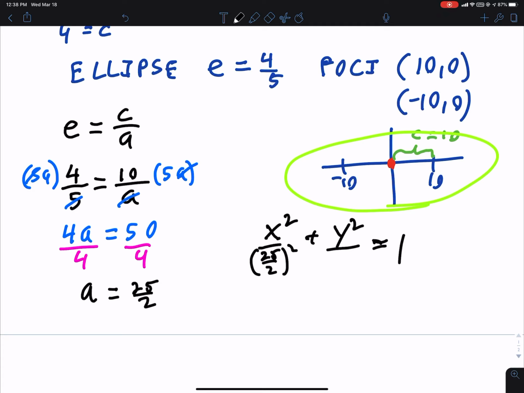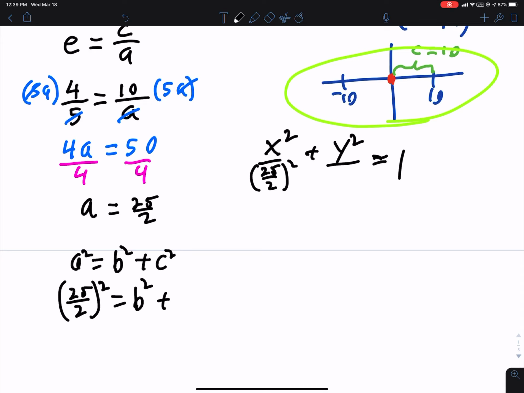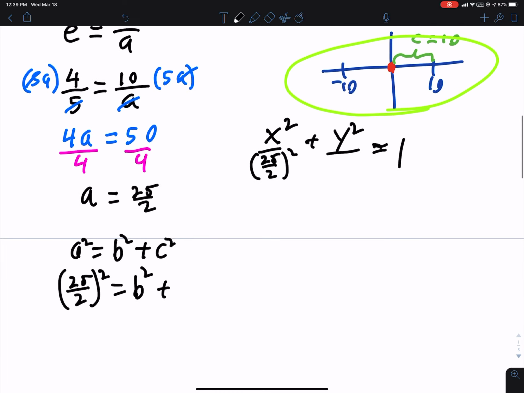And then we have to calculate b, but we have our equation. A squared equals b squared plus c squared. Now it's going to get ugly. I picked some bad numbers. All right, here we go. 25 over 2 squared equals b squared plus c squared, and our c we found earlier was just 10.